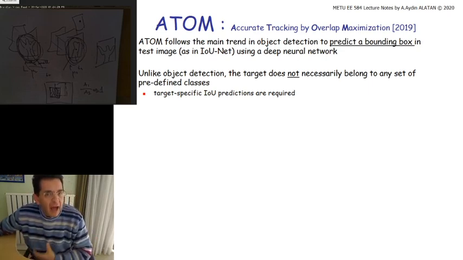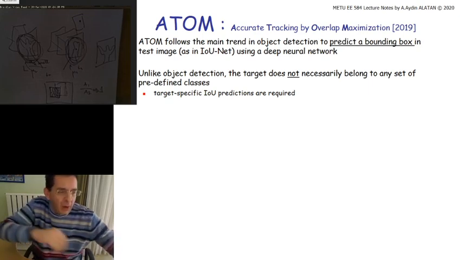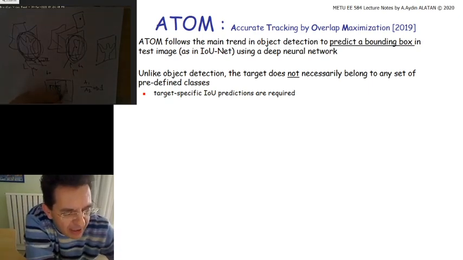Therefore, I'm trying to make my intersection over union prediction as good as possible. I'm repeating once again. I predict something, and this is the ground truth. The real intersection over union is 0.7. Using the ground truth, you exactly obtain this ratio of 0.7.